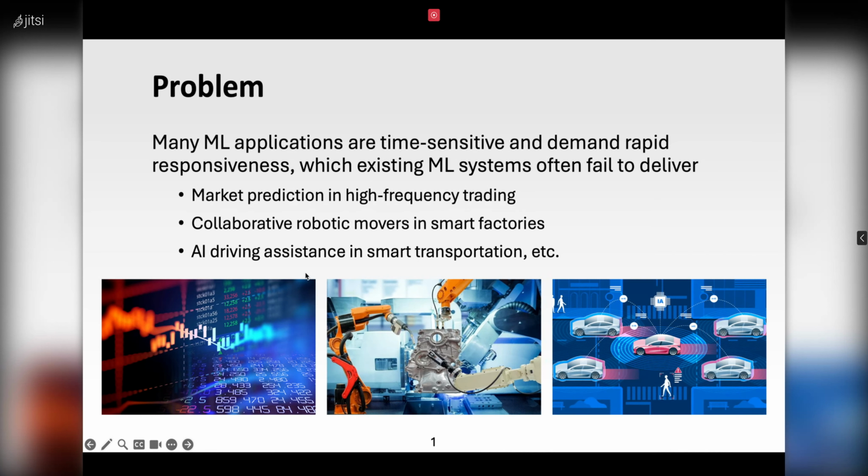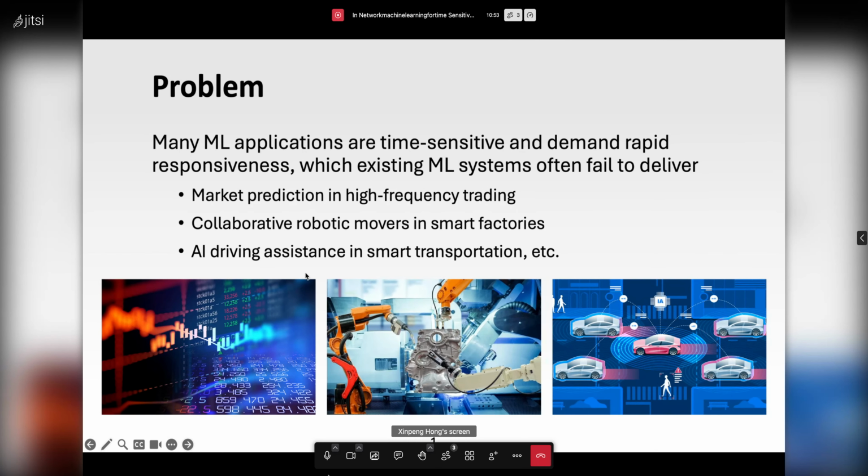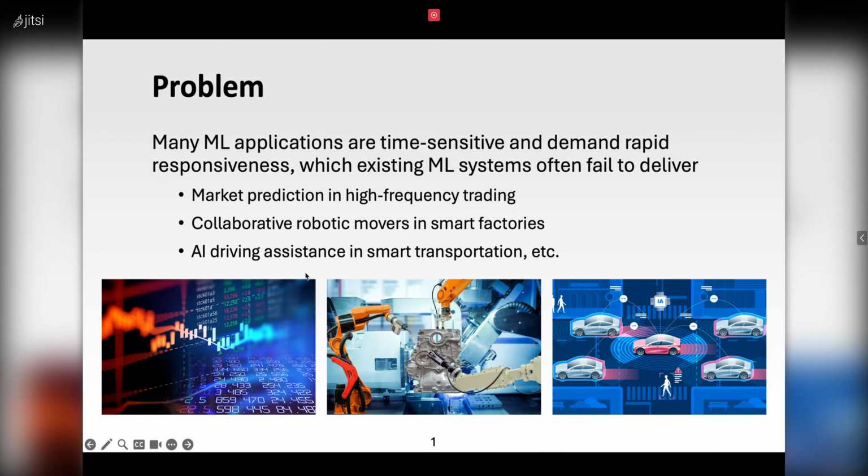And in smart factories, in-network machine learning can detect, for example, equipment faults, quality anomalies, or robotic coordination issues directly within the network edge, ensuring fast reaction and preventing downtime, all while avoiding the delays of cloud-based inference.